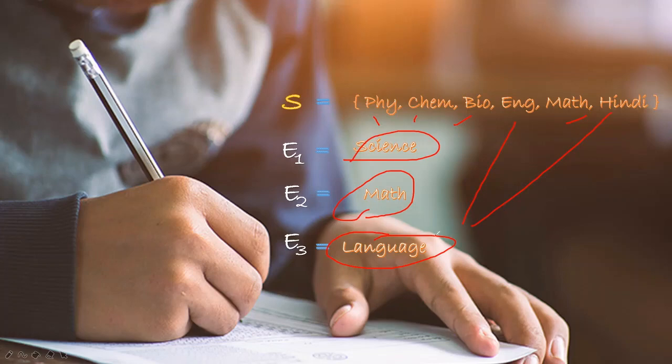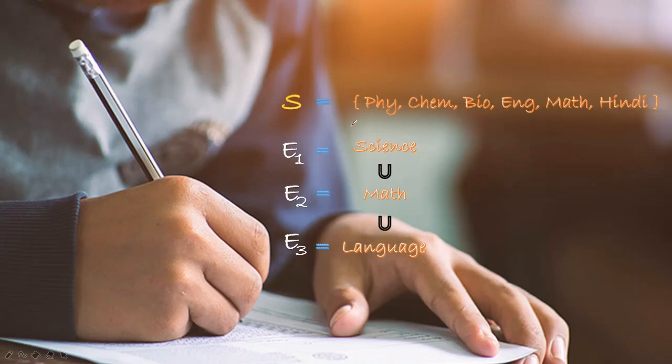Do you see that? Even though I didn't consider physics, chemistry, biology as different events, by just combining them into science, language and maths, if I take a union of all these three events, I will get the sample space. Do you see that, students? E1 union E2 union E3.